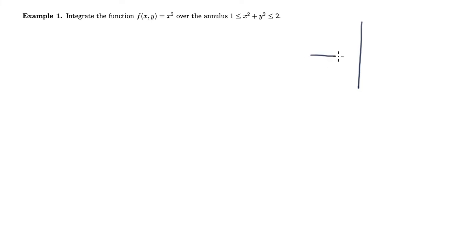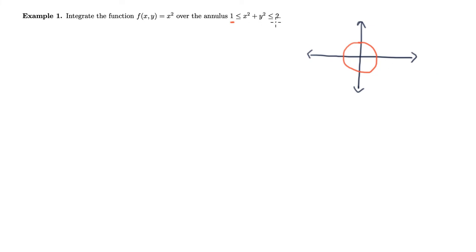So this region is in between two circles, one of radius 1 and one of radius root 2. Here we have the unit circle, x squared plus y squared equals 1, so we're greater than that.